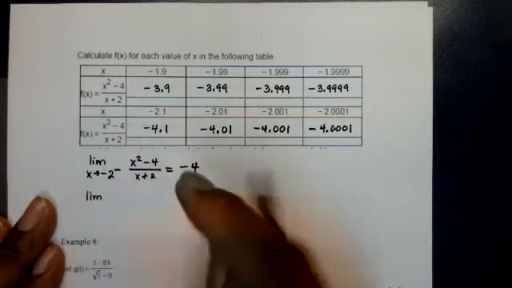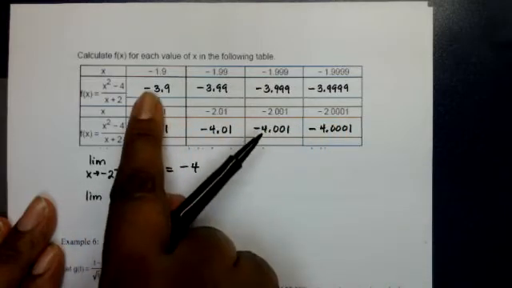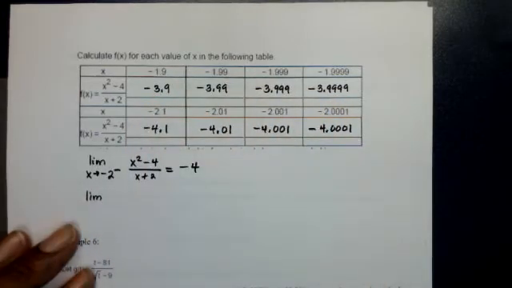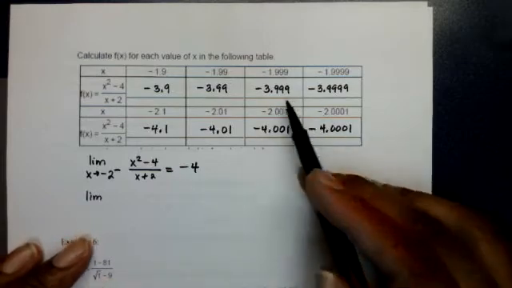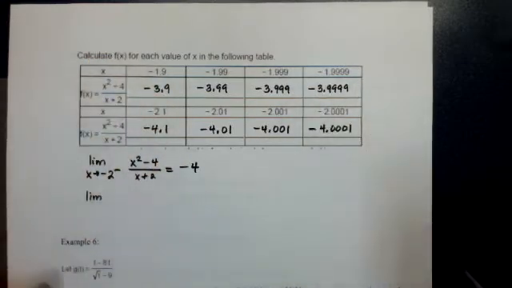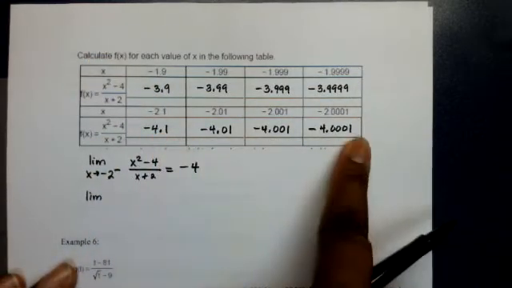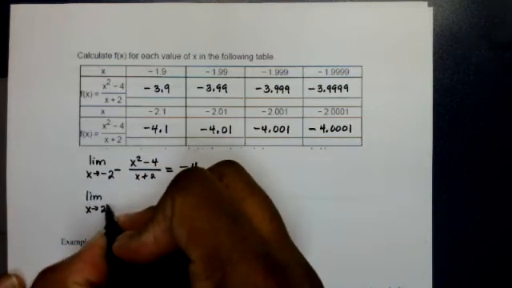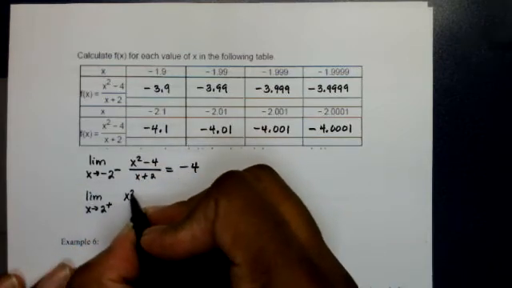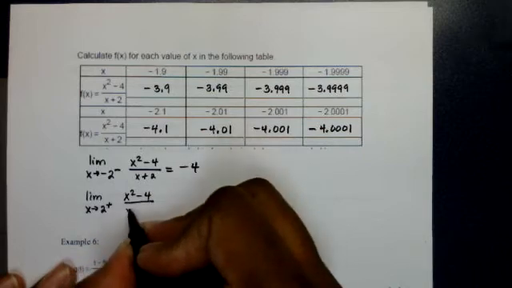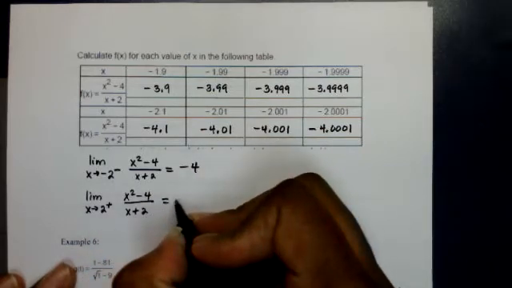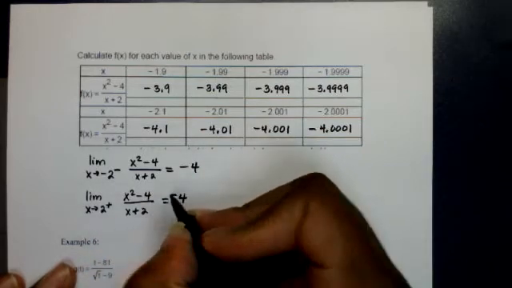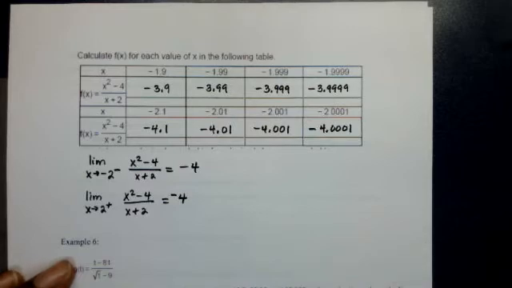And the other one is to the right of negative 2. Well, one's to the left and the other one is to the right. And actually, this is to the right. The one on the bottom is from the left. So the limit as x approaches negative 2 from the right is approaching negative 4.